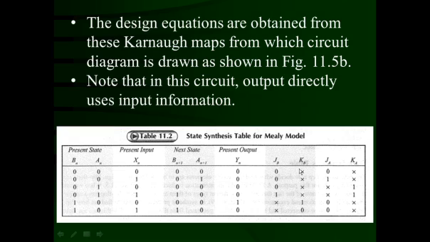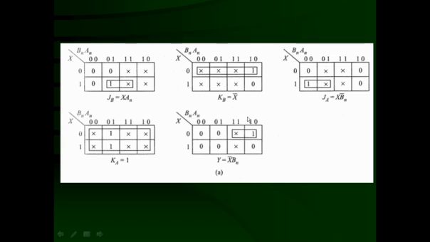Here you can see that the first 4 are going to be don't care, then 1, 0. So the first 4 are don't care. The fifth is going to be 1, the sixth is going to be 0, and for 7 and 8, those locations you substitute with don't care. So that way this Karnaugh map is prepared for KB.